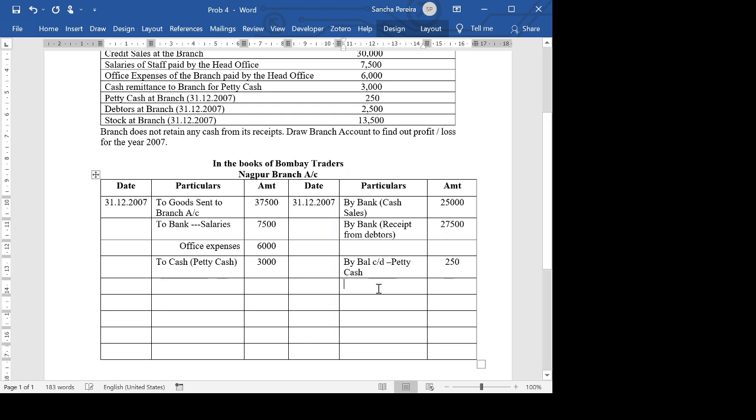Then there is debtors, which is 2,500, and then there is stock, which is 13,500.